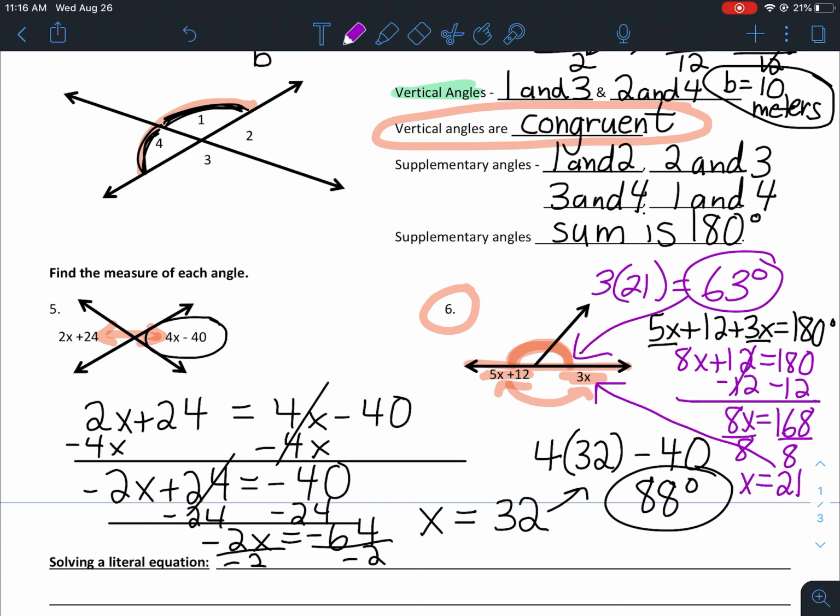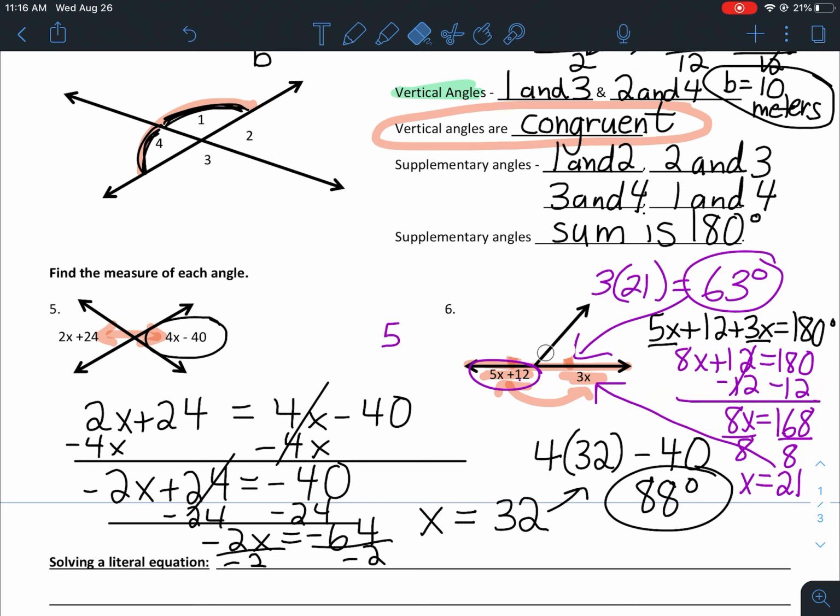But these are not the same angle measures, because this angle measure is going to be different than this one. So for this one right here, if I plug in x, I do 5 times x, well, x is 21, plus 12.